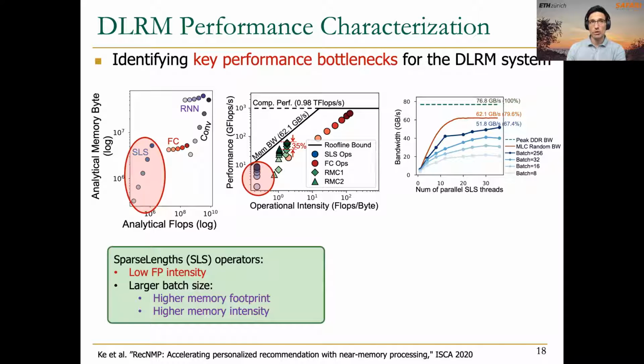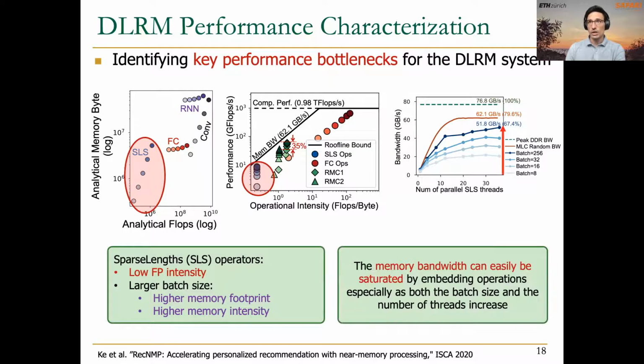So these sparse length operators have low FLOP intensity, and for larger batch sizes they have a higher memory footprint and higher memory intensity. We can also observe this bandwidth plot on the right-hand side, and we see that the memory bandwidth can easily be saturated by embedding operations, especially as both the batch size and the number of threads increase. So this demonstrates that these operators are memory bound, especially when we increase the number of threads and the batch size.